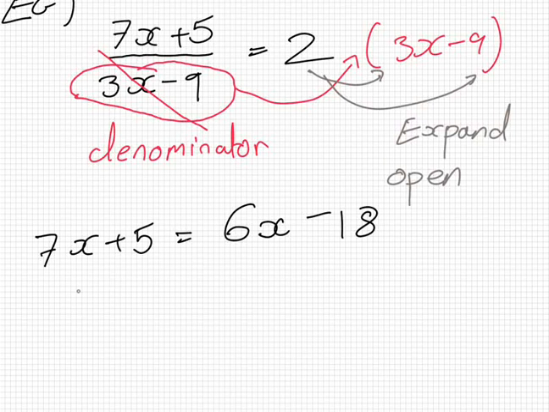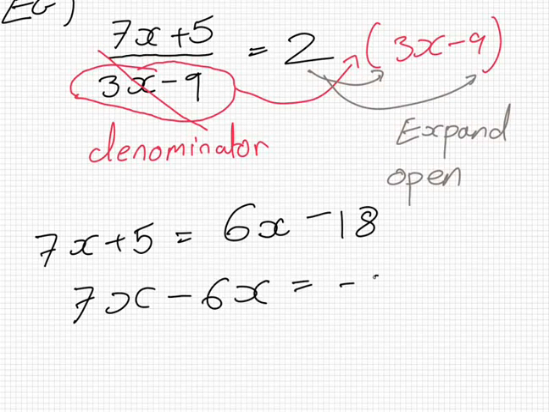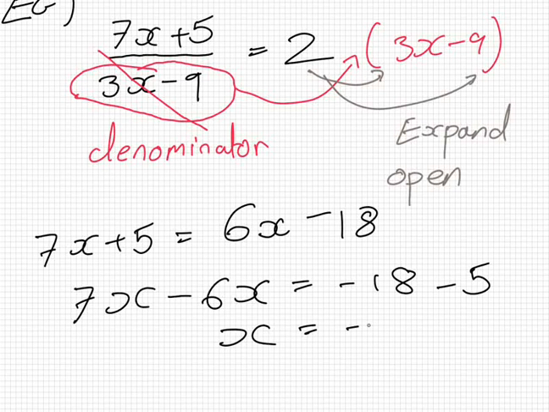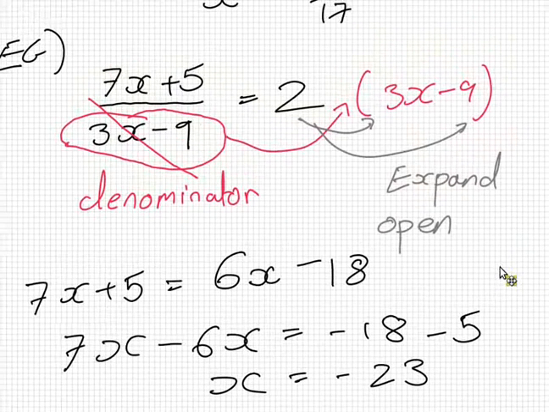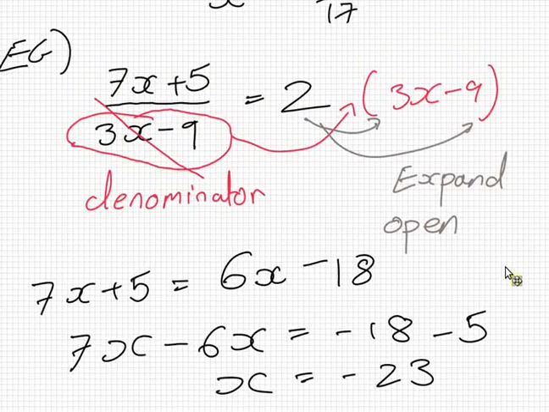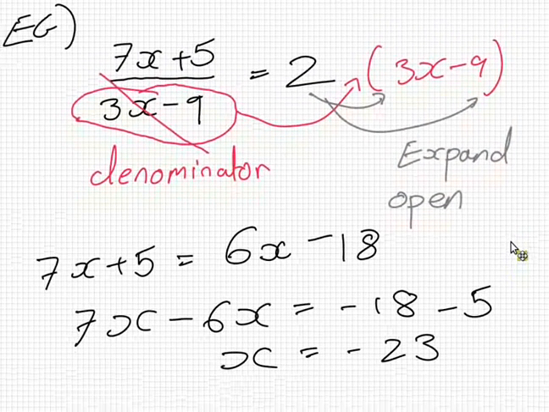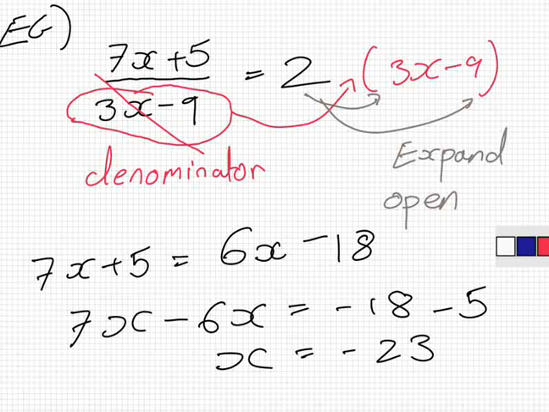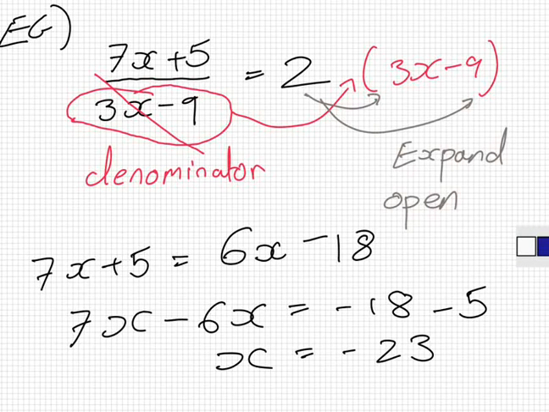Okay, so we have 7x minus 6x equals minus 18 minus 5. So x, 7x minus 6x, minus 23. Okay?